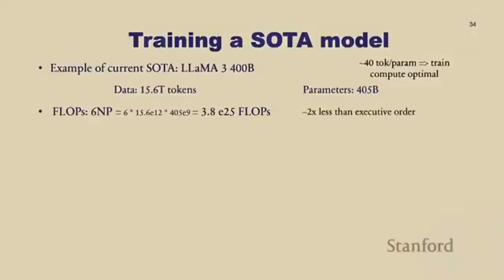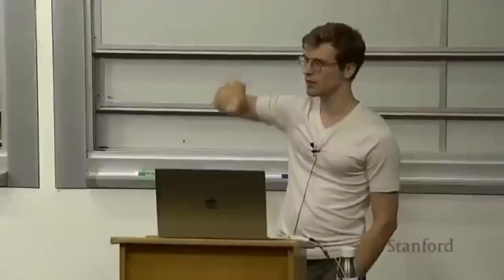So they went 2x less than that. They really went right below this to not have special scrutiny. I might be off by a little bit, but it's definitely under 1e26. Here P is parameters, N is data, number of tokens. This is just an approximation.